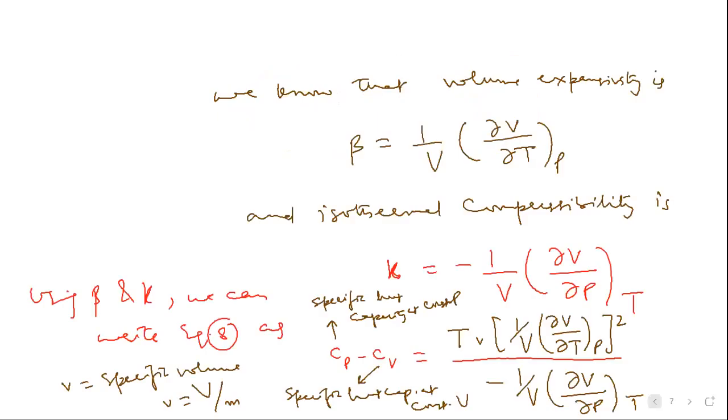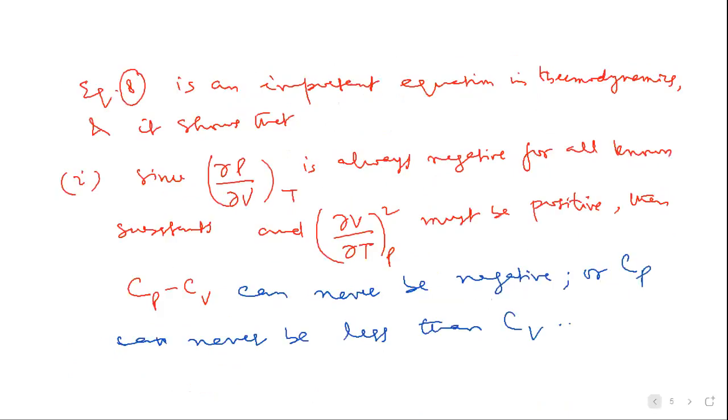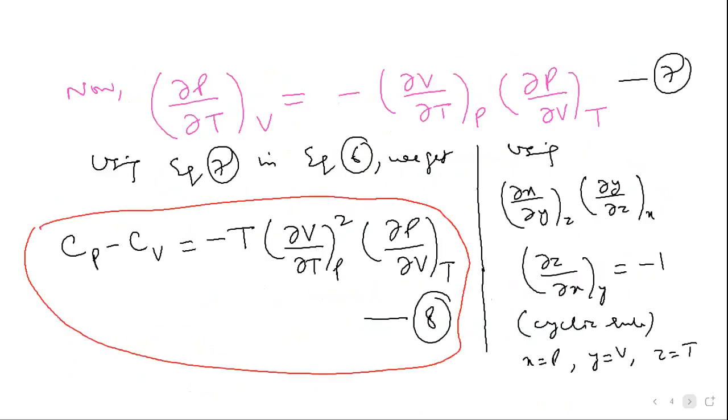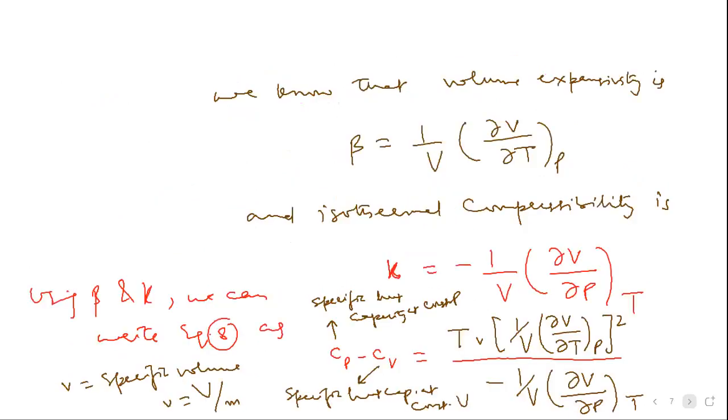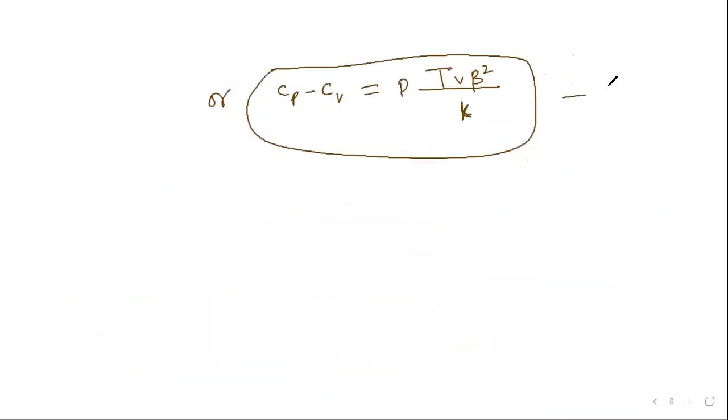This is our equation 9. It is expressing the specific heat capacity at constant pressure and specific heat capacity at constant volume, or I should say their difference, in terms of the measurable quantities: pressure, temperature, specific volume, expansivity, and isothermal compressibility, right?